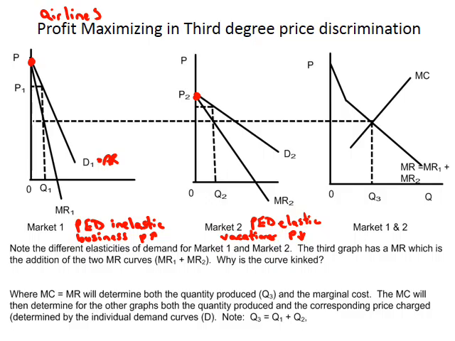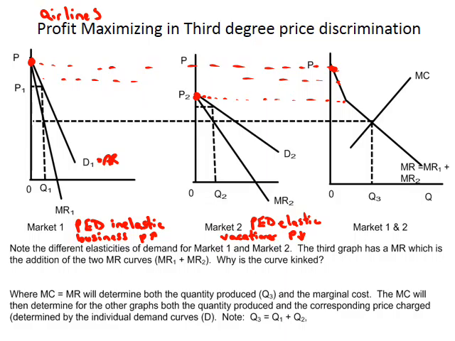Now, the last graph is simply a combination of these two. So we're going to take this price and start it here. And we'll take this quantity and put it there, etc. The kink starts when we start at the price where market 2 began, which was the vacationers.